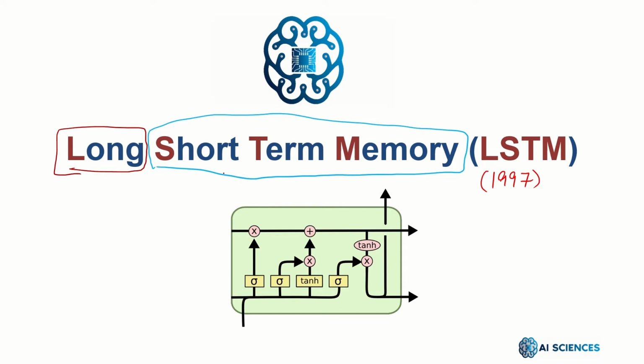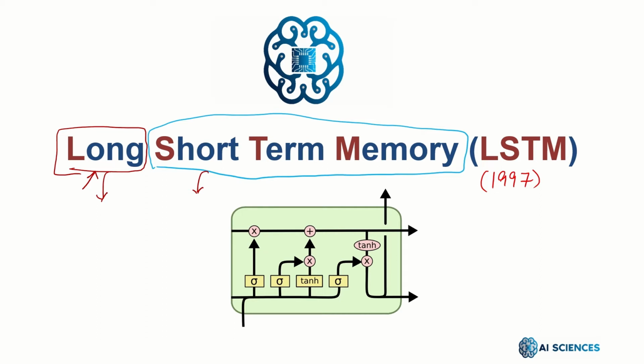So in this network, there will be a notion of short-term memory, and the goal of the model is to make that short-term memory longer to be useful. There will be information that may be lost very quickly, that may be gone very quickly, but we want that information to be there for a long period of time, and that's where the name long short-term memory comes from.